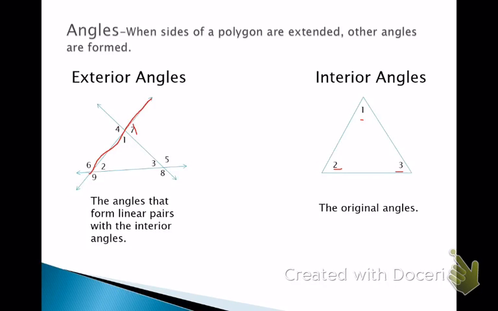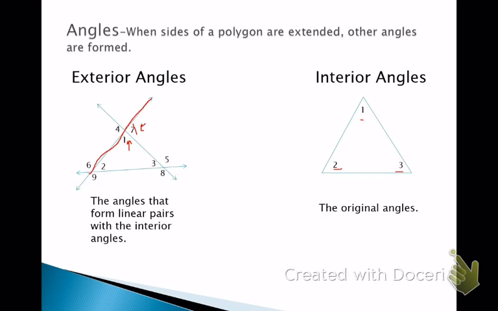All right, and so there's some things we know about exterior angles. Exterior angles form linear pairs with the interior angles. So angle 7 and angle 1 form this straight line. They're a linear pair.